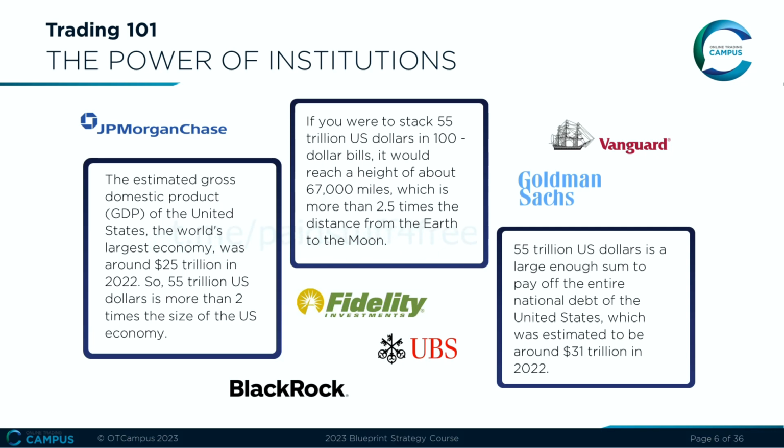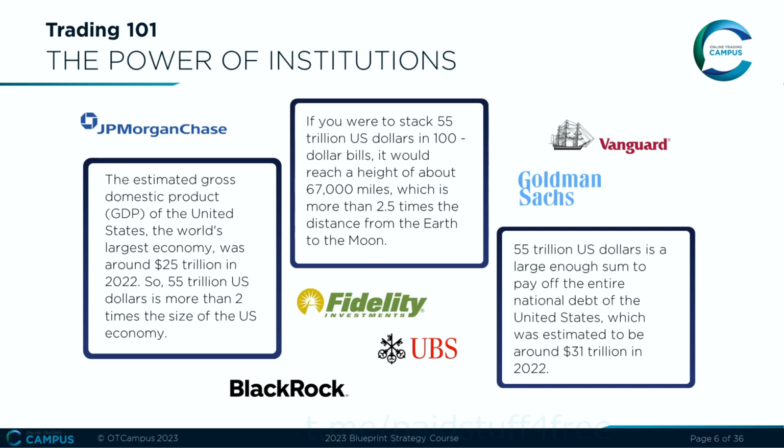And I quite like this one: if you were to stack 55 trillion US dollars in $100 bills, it would reach a height of about 67,000 miles, which is more than 2.5 times the distance from the Earth to the moon. So it would give you a round trip to the moon and back, and you would still have a couple of bills left over to do some further trips.